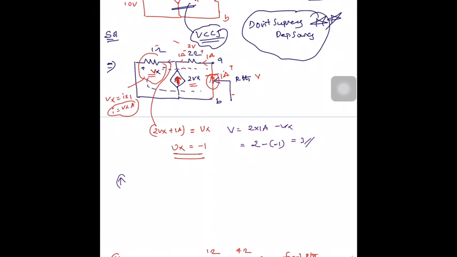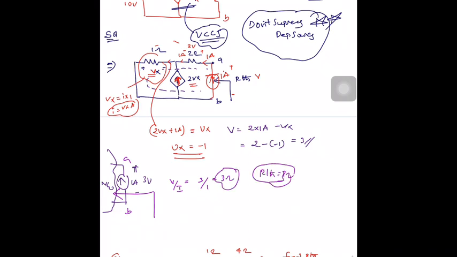Now we know a current source of 1 ampere with a voltage of 3 volts across it is supplying the network. So the resistance seen by this network across its terminals A and B is V by I, equal to 3 volts by 1 ampere, equal to 3 ohms. So here RTH is equal to 3 ohms.